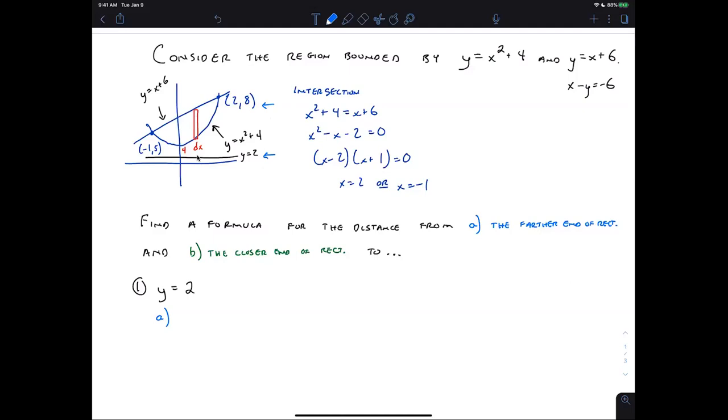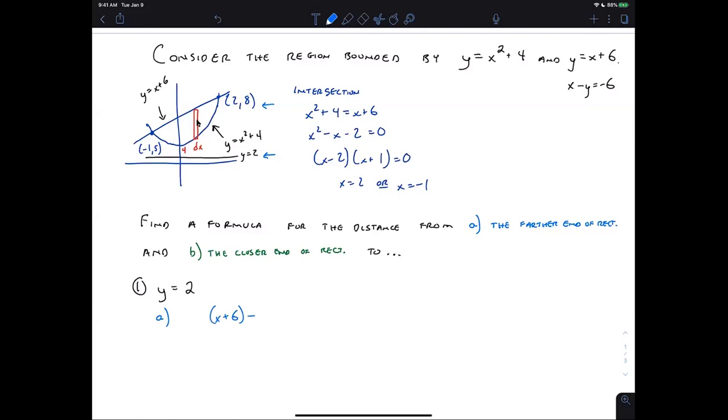And we said yesterday, how do you do a vertical distance? Always the top minus bottom. Yeah, the top y minus the bottom y. Does that make sense? Okay, so we're going to take the top y minus the bottom y. Well, the top y in terms of x is x plus 6.